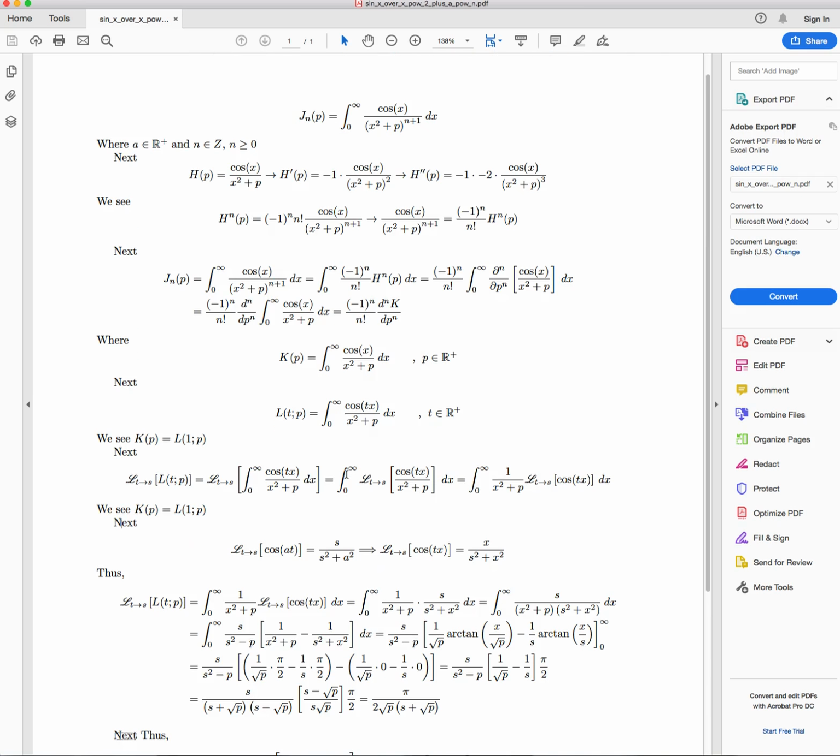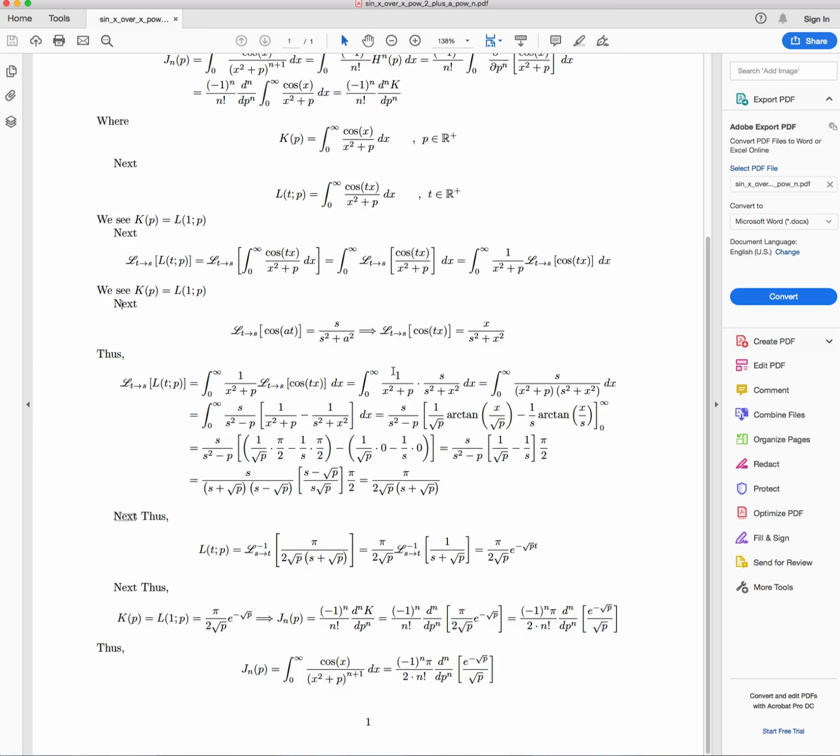And so therefore, Jn of p, which is what we want to find here, is equal to negative 1 to the n over n factorial times the nth derivative with respect to p of k of p, which is what we have here, just pi over 2 square root p times e to the negative square root p.